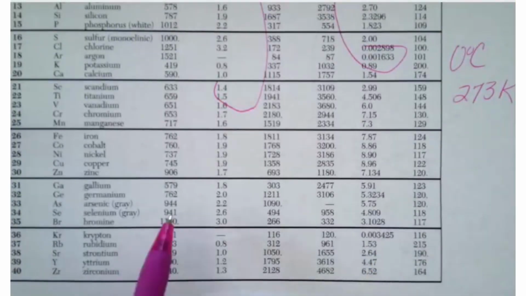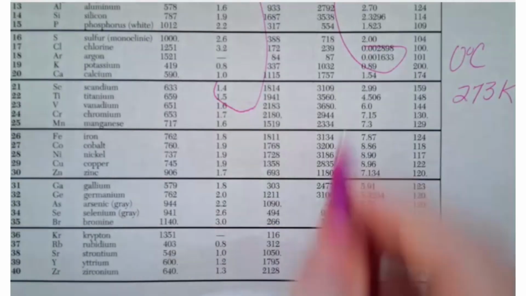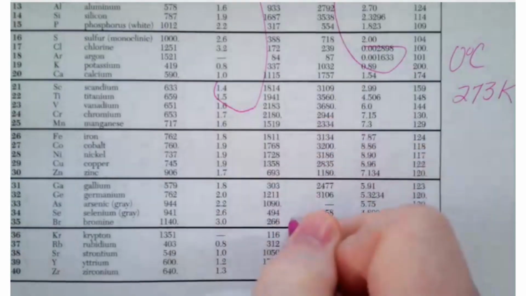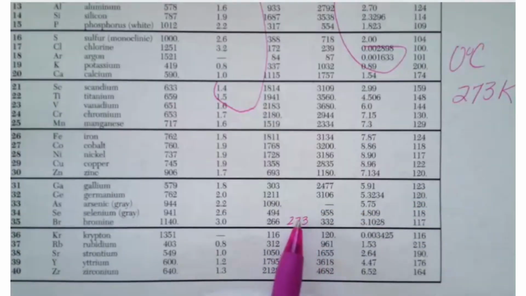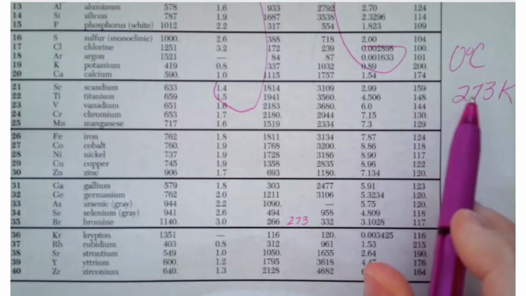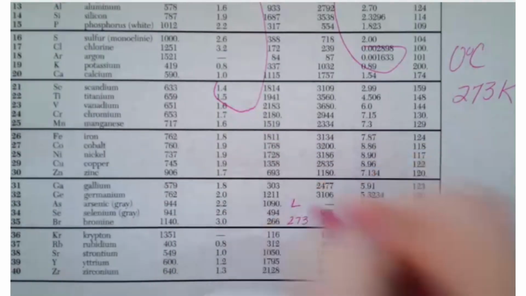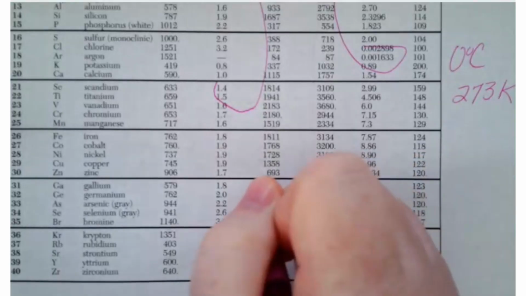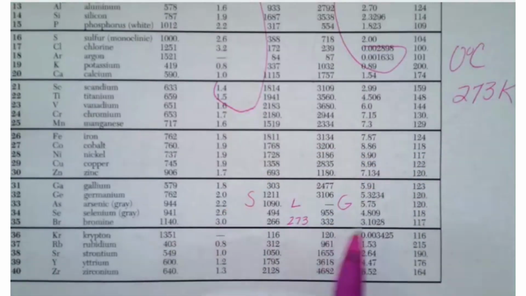So where is 273? Well, you know what? It is right in between those two numbers. That means at 273 Kelvin, at standard temperature, bromine, what is it when it's between? A liquid.